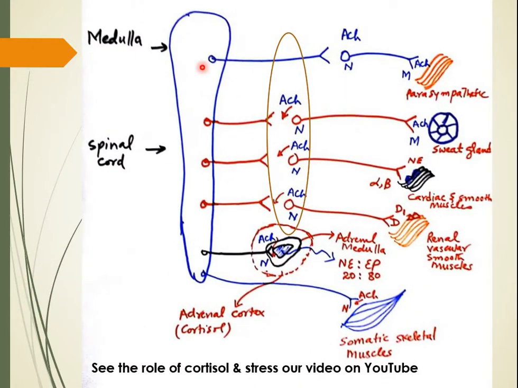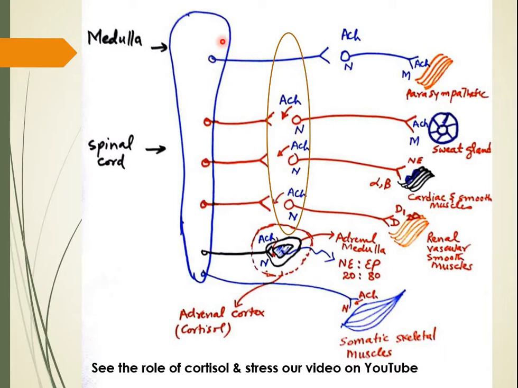Now, this is a classical diagram you can find elsewhere, in any book of pharmacology or physiology. This is the medullary region, and this is the spinal cord, and the nerves are originating from it. From this cranial region, the medullary, there is the craniosacral division, from the cranium and the sacrum.